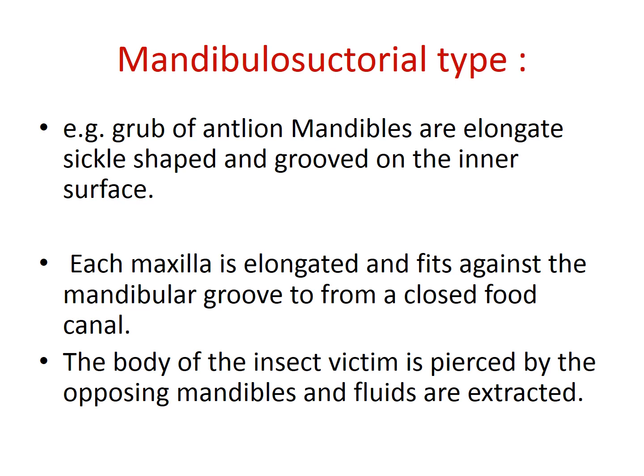Each maxilla is elongated and fixed against the mandibular groove to form a closed food canal. So there will be a food canal on both sides of the mandible. The body of the insect victim is pierced by the opposing mandibles and the fluids are extracted.